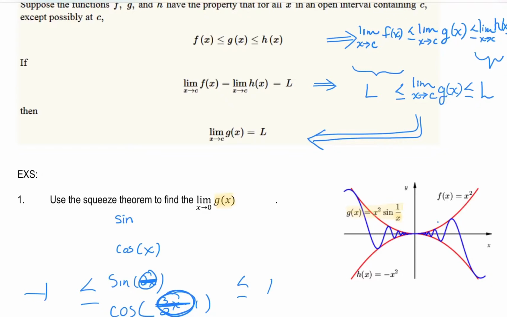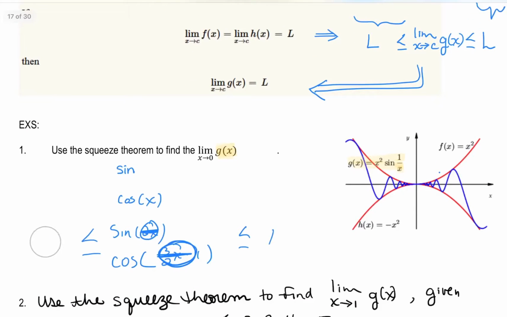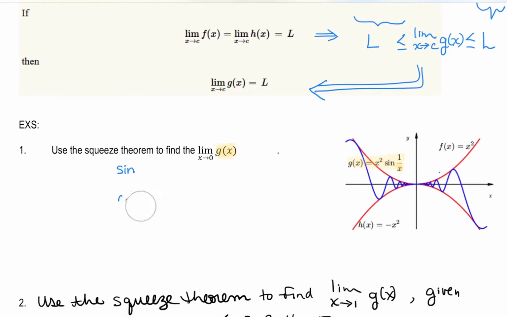All right, so with that said, what I want us to observe here is that we have a sine function, and it's sine of something, sine of 1 over x. So sine of any theta is always going to be bound between -1 and 1, and that's really the key.